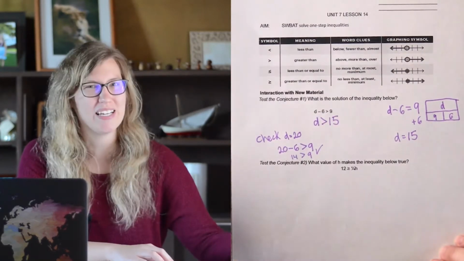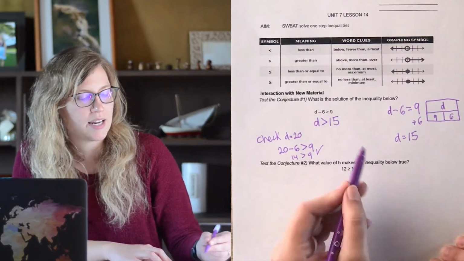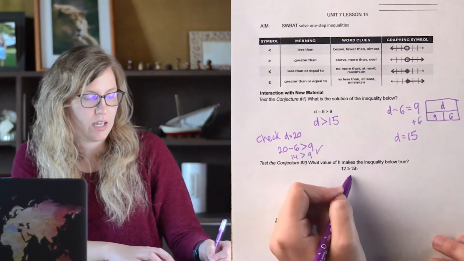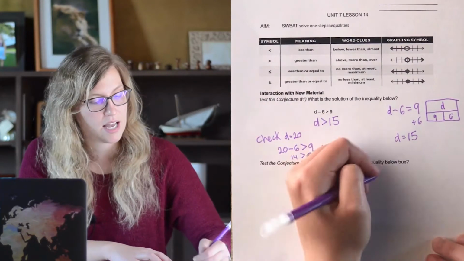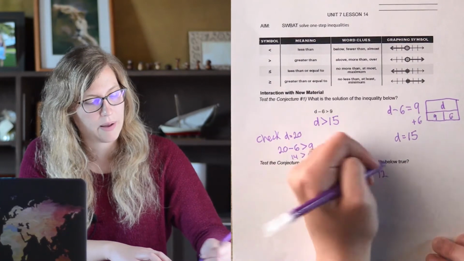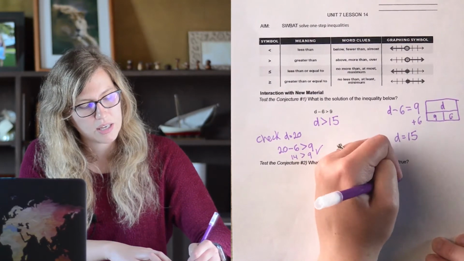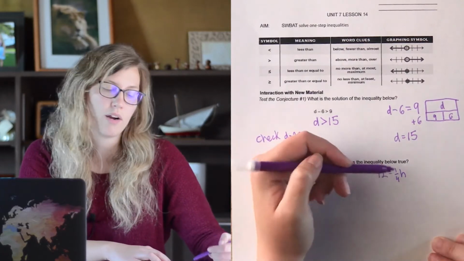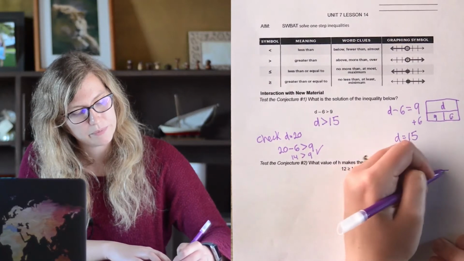Let's try one more and then you'll get to do it on your own. What value of H makes the inequality below true? All right, so I'm going to pretend like it's an equal sign, and I'm going to solve that way. So if 12 equals 1/4 H, 1/4 times H. So let me draw my model.